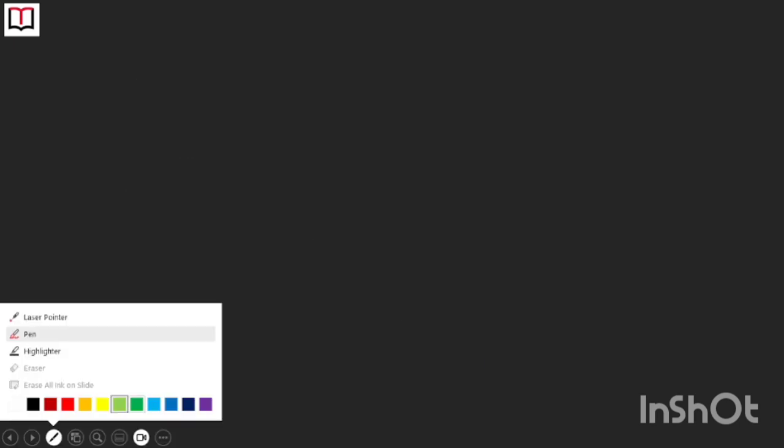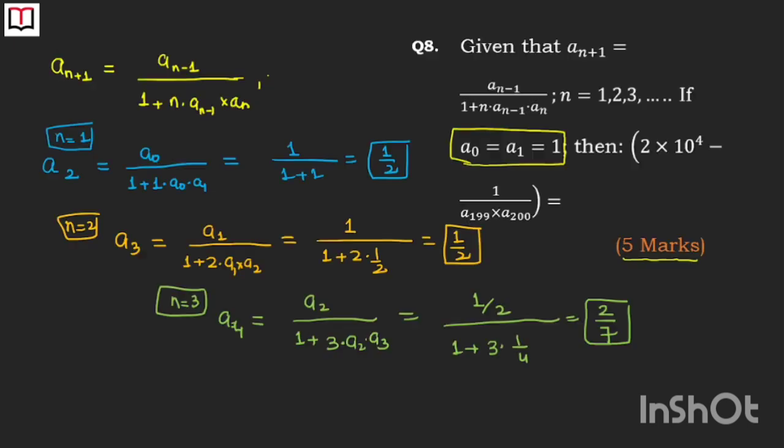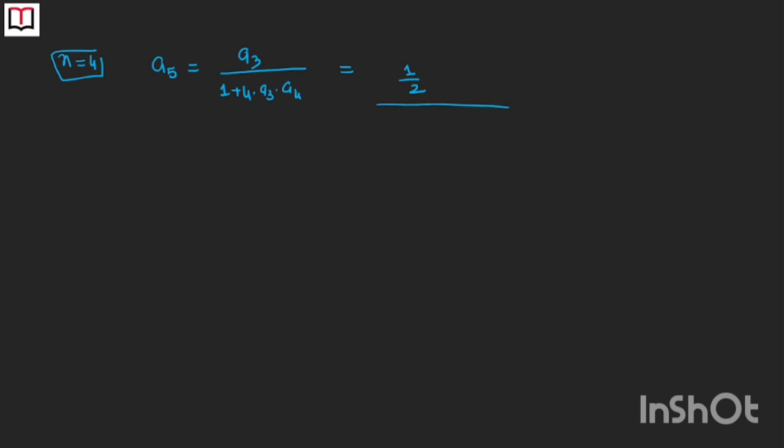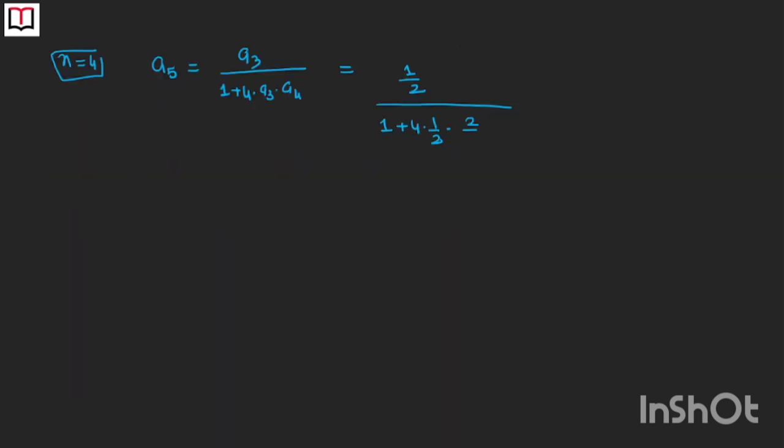Now let's move on for a few more terms. n is equal to 4, a5. a5 is a3 over 1 plus 4 into a3 into a4. a3 is half, so it is half divided by 1 plus 4 into half into a4, and a4 is 2 by 7. So we have 7, 11, so it's 7 by 22.